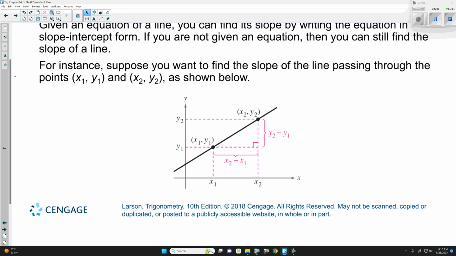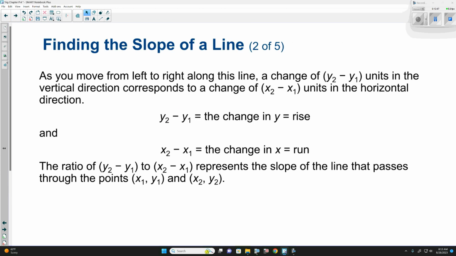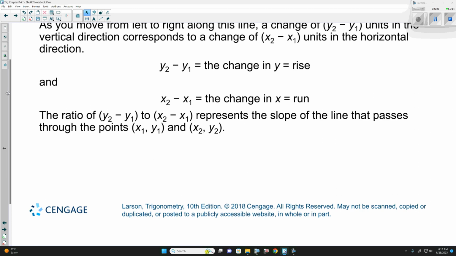Given 2 points, y2 minus y1 over x2 minus x1 will give us the slope. And we have it here. y2 minus y1 is the change in y, or rise, how much it's going up. x2 minus x1 is change in x, which is our run.